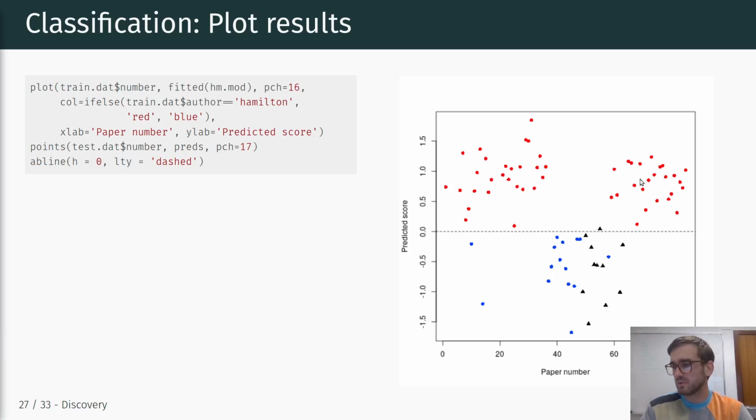But essentially what we see here is that the unidentified documents with contested authorship all cluster, in terms of their predicted score, very close to Madison, or comparable to Madison, and most of them are therefore predicted to be written by Madison.